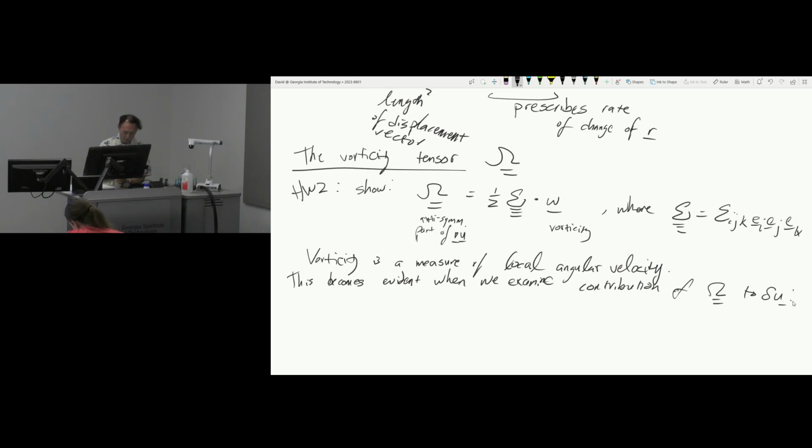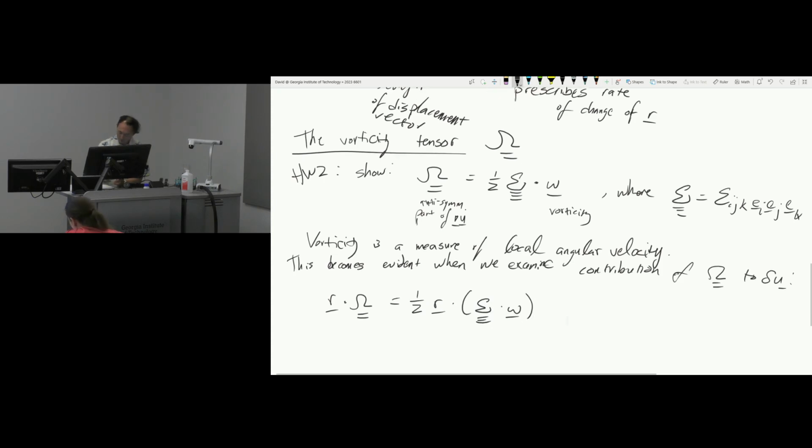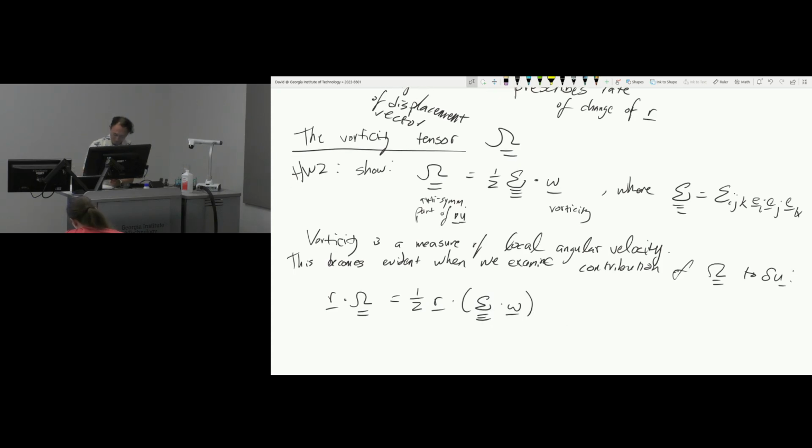All right, so let's do r dot big omega. We're going to use our substitution, and we're going to go to index notation.